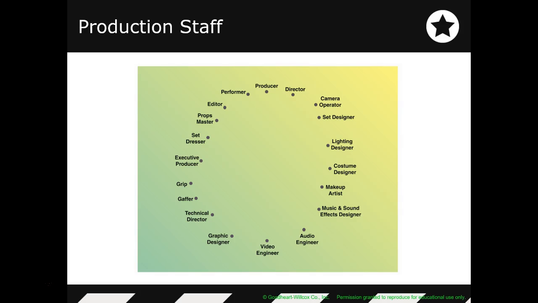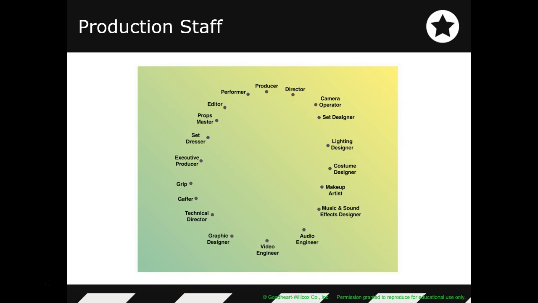Technical directors are the ones that are switching video in the news industry and doing a lot of the work of bringing the technical aspects all together. Graphic designers are people who make graphics. This could be special effects. This could be in the news, just real simple graphics that show maps or full screens of information.